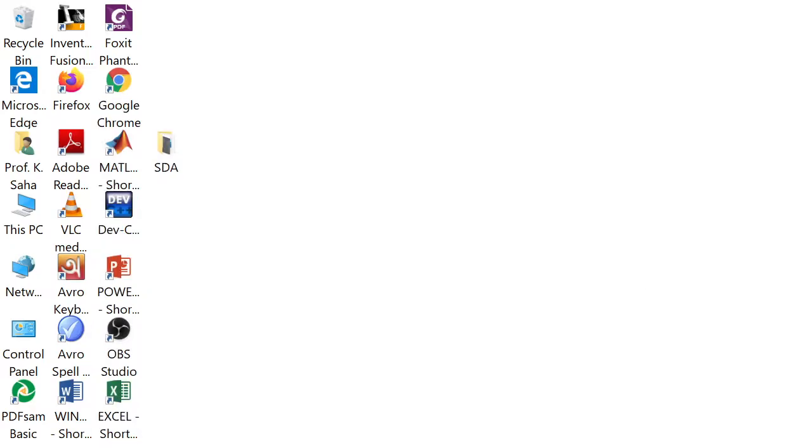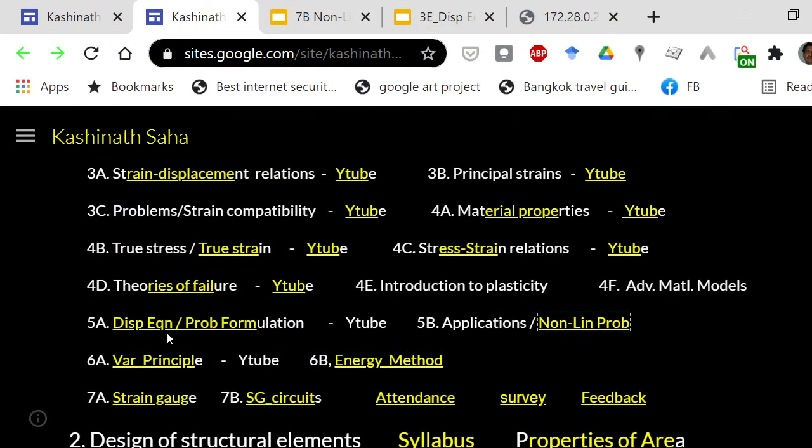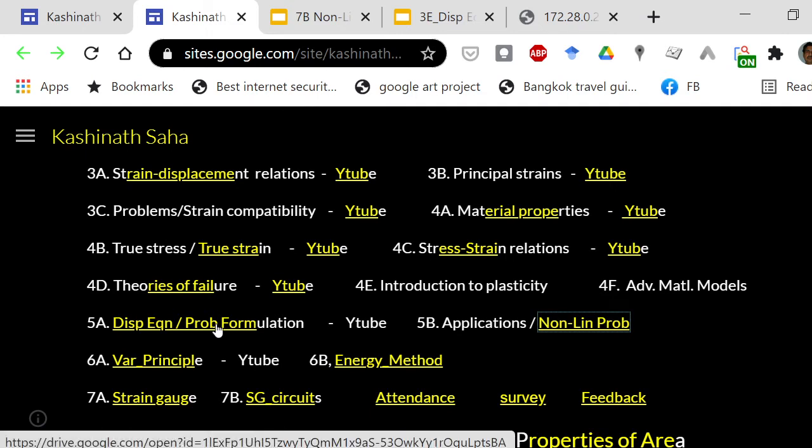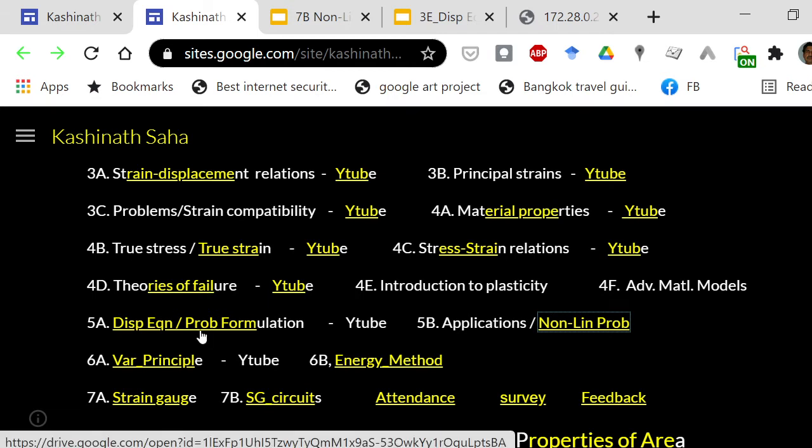Today we will start with the displacement equation of equilibrium, and then we will see how a particular problem can be formulated using that equation, and also by using the concept of stress functions which we discussed earlier.